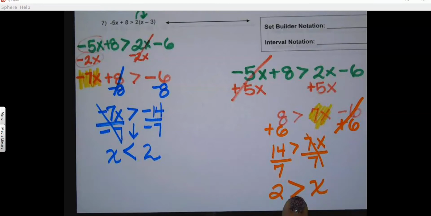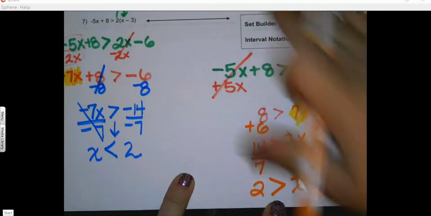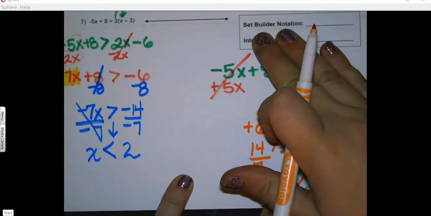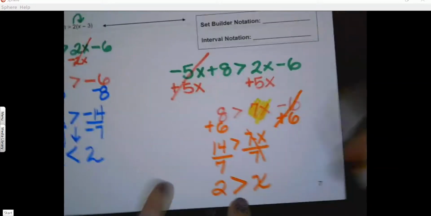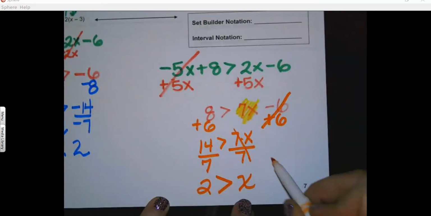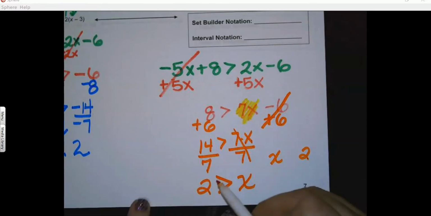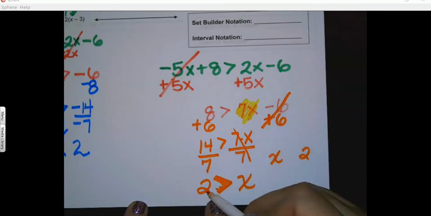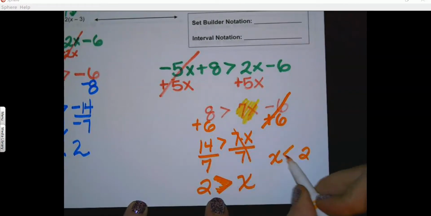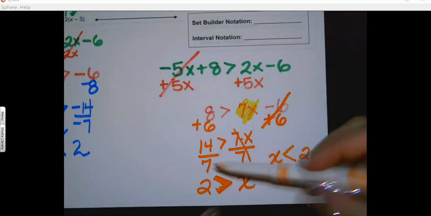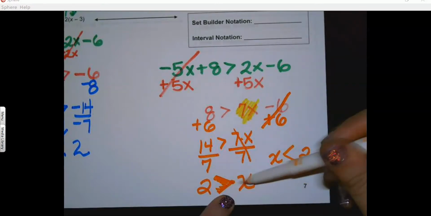So if you did your problem this way, your x is second. Before you do this part of the problem, you are less likely to make a mistake if you just take a moment and rewrite it so the x is first. But notice that the mouth, the wide part, is going to the 2. So I'm going to change it correctly. I'm not switching the sign. The little tip is to the x.